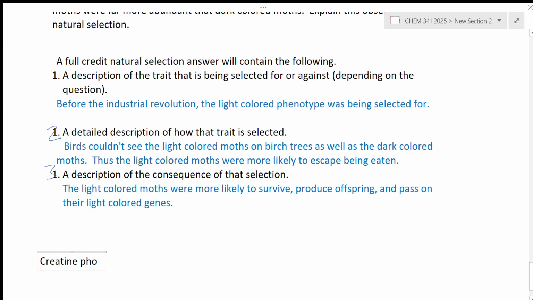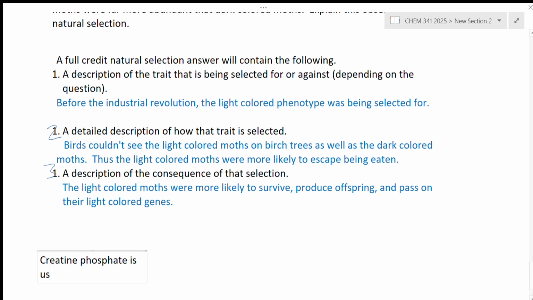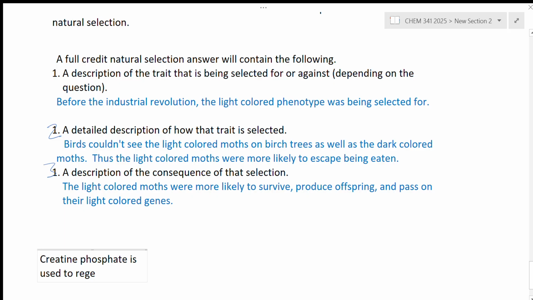Creatine phosphate is used to regenerate ATP by the following reaction.